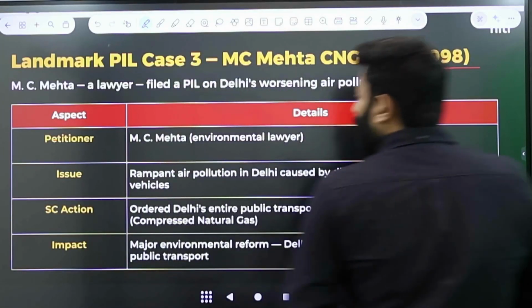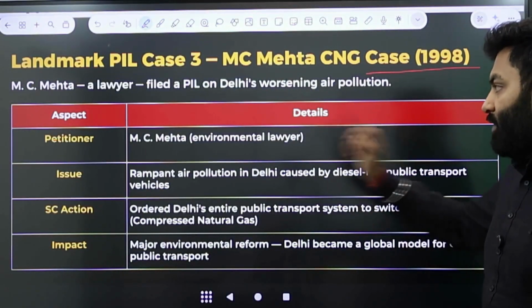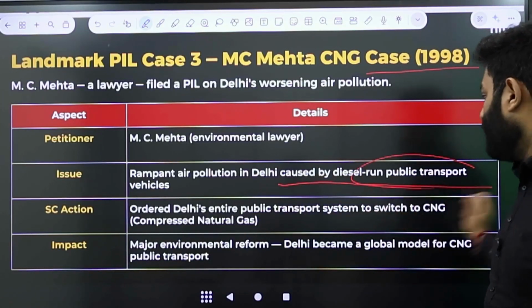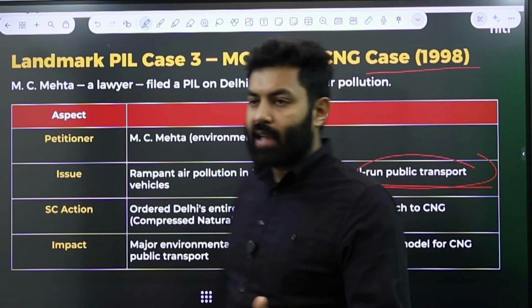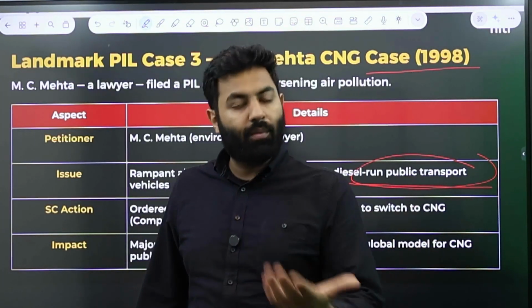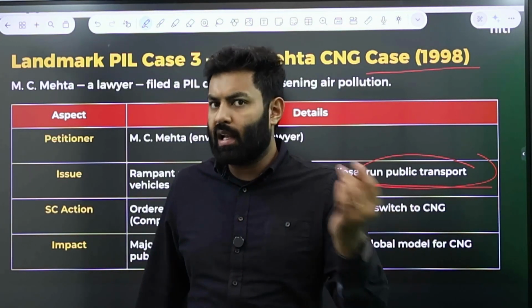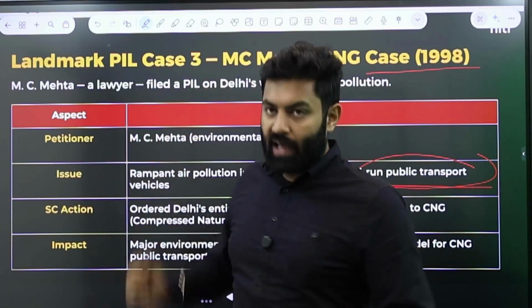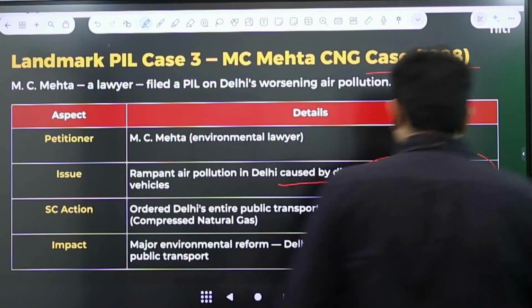The petitioner was MC Mehta, an environmental lawyer. The issue was air pollution in Delhi caused by diesel and public transportation. You must have seen that Delhi has CNG buses, CNG taxis, or now electric buses, taxis, two-wheelers, three-wheelers, right? So the starting of that was in the late 90s when this PIL was filed.